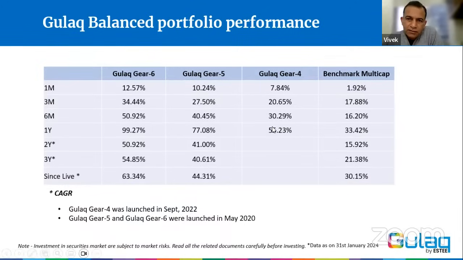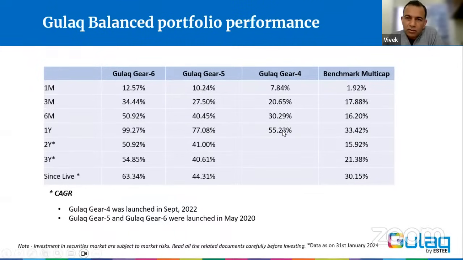So even if you look at Gulaq gear 4, which was launched about a year back, this has done really well, last 1 year performance, and has even beaten the benchmark, which is 100% equity, although it shouldn't be compared.